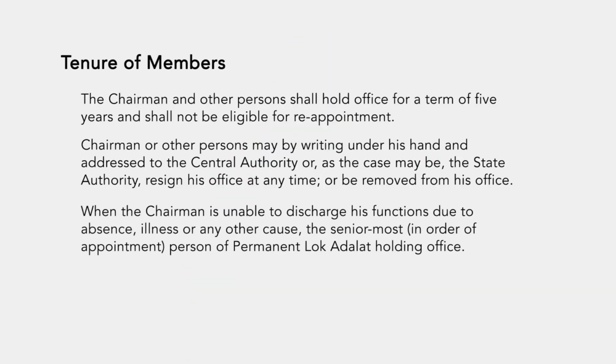When the chairman is unable to discharge his function due to absence, illness, or any other cause, the senior most person in order of appointment holding the office of permanent Lok Adalat may discharge the function of the chairman.